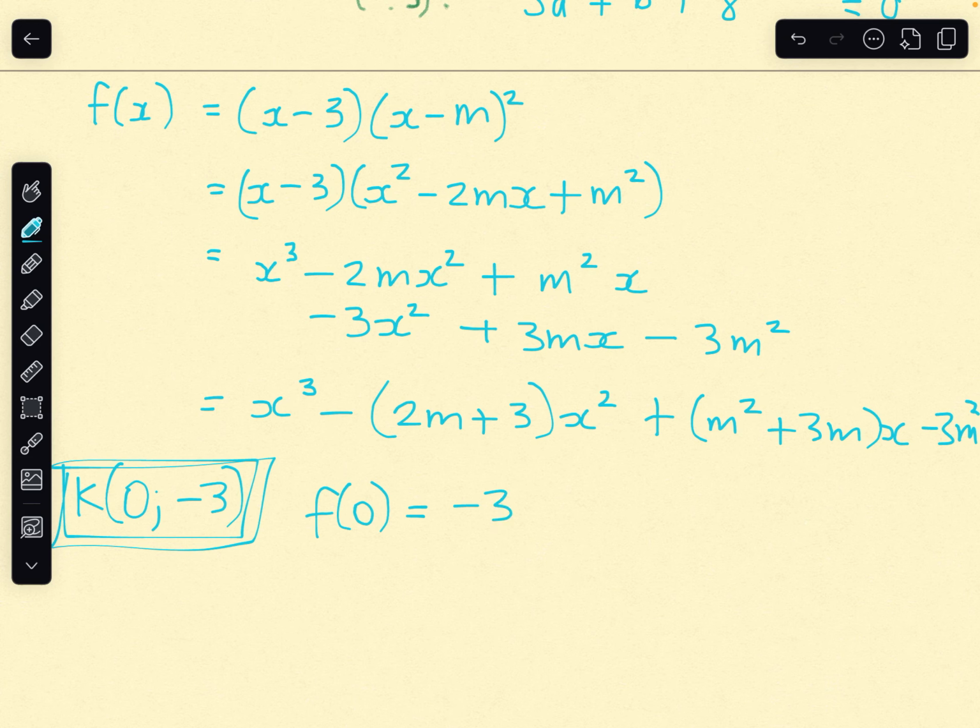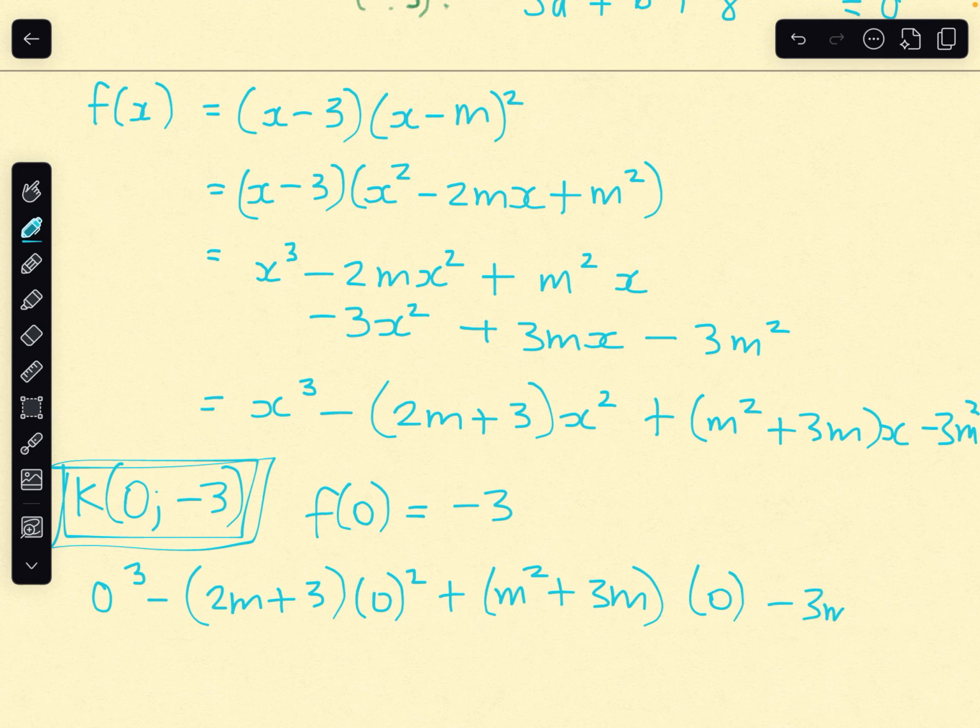So 0 cubed minus (2m plus 3) times 0 squared plus (m squared plus 3m) times x, well, x being 0, minus 3m squared is equal to minus 3.